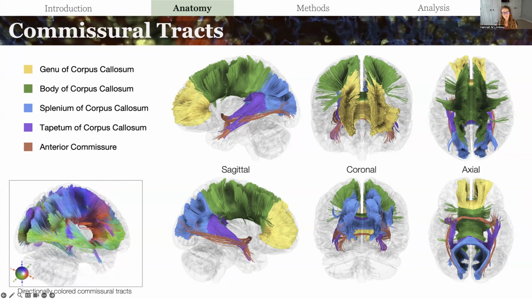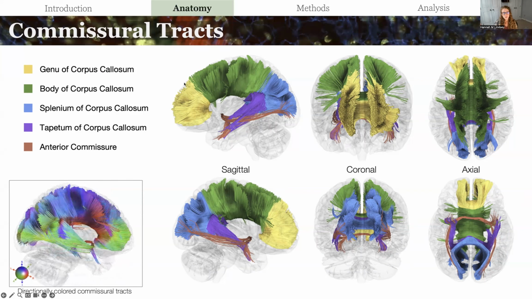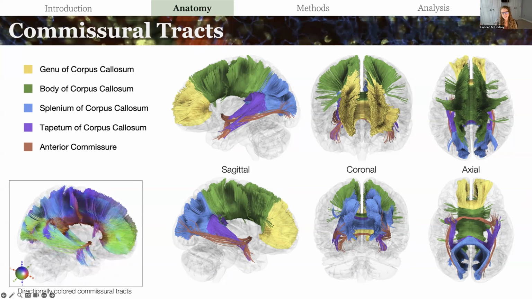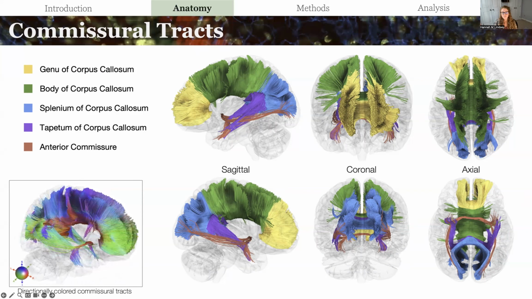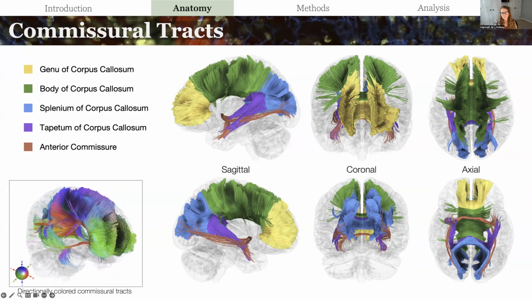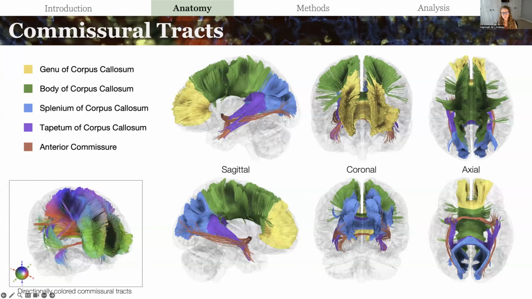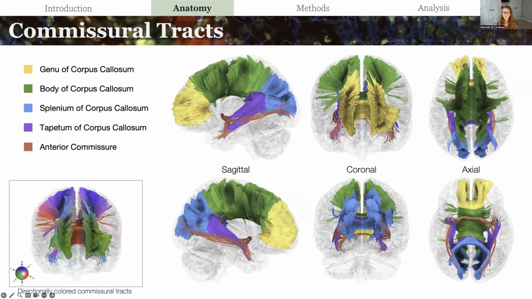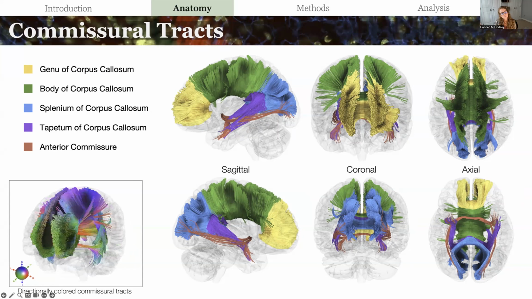The body of the corpus callosum is the central portion, and it connects the two parietal lobes. It's important for sensory motor coordination and integrating spatial and perceptual information. The splenium is the posterior portion and connects the left and right parietal and occipital lobes. It plays a key role in the integration of visual and auditory information and supports functions like visual spatial awareness.